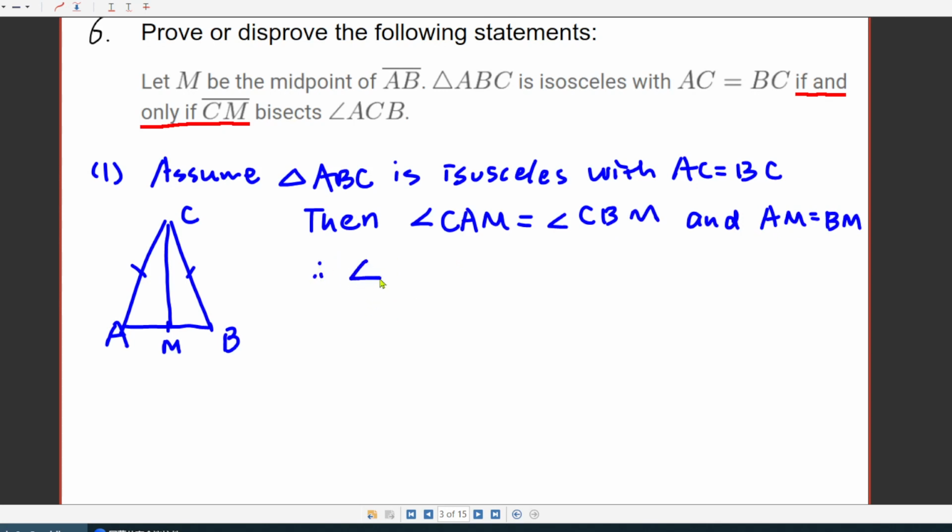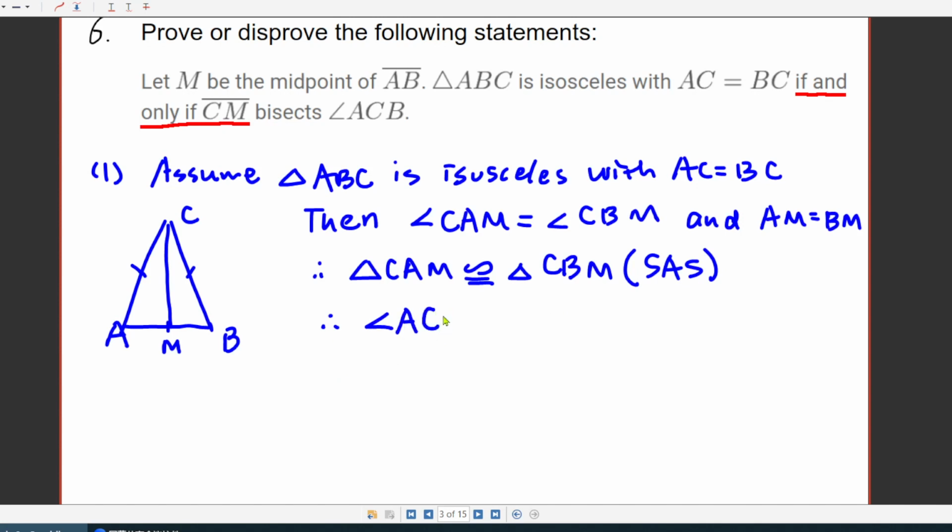Therefore, we know triangle CAM is congruent to triangle CBM by SAS, right? Therefore, corresponding angles are equal. In particular, we know that angle ACM should equal angle BCM, right? Therefore, CM bisects ACB. So you have proved that from the left side to right side is true.